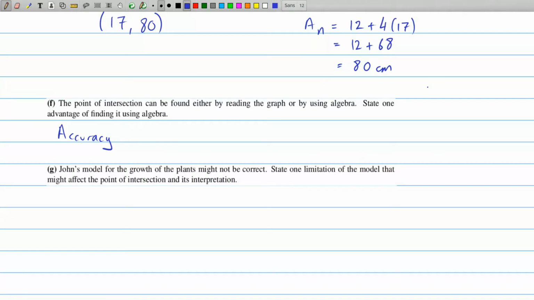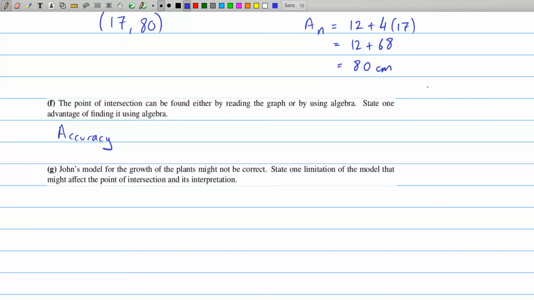And the very last part of this question says, John's model for the growth of the plants might not be correct. State one limitation of the model that might affect the point of intersection and its interpretation. Well, let's remind ourselves what the model is. Essentially, he says that the plants have a certain starting height. Then he measured their heights every day for a week, and he found it was the same every day for that week.